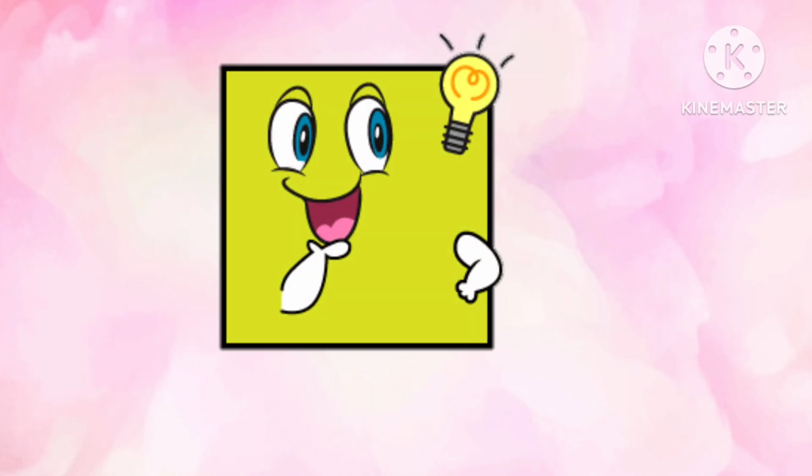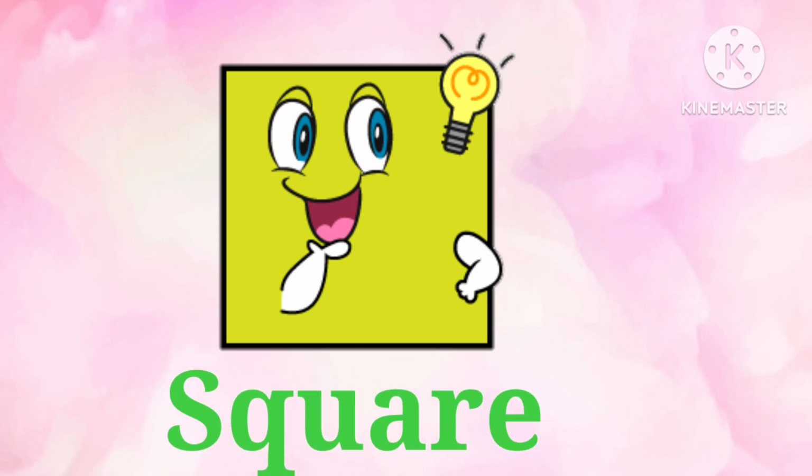Now, the next shape is square. A square has 4 sides. Let's count. 1, 2, 3, and 4. 4 equal sides. Let's have a look some examples of square.